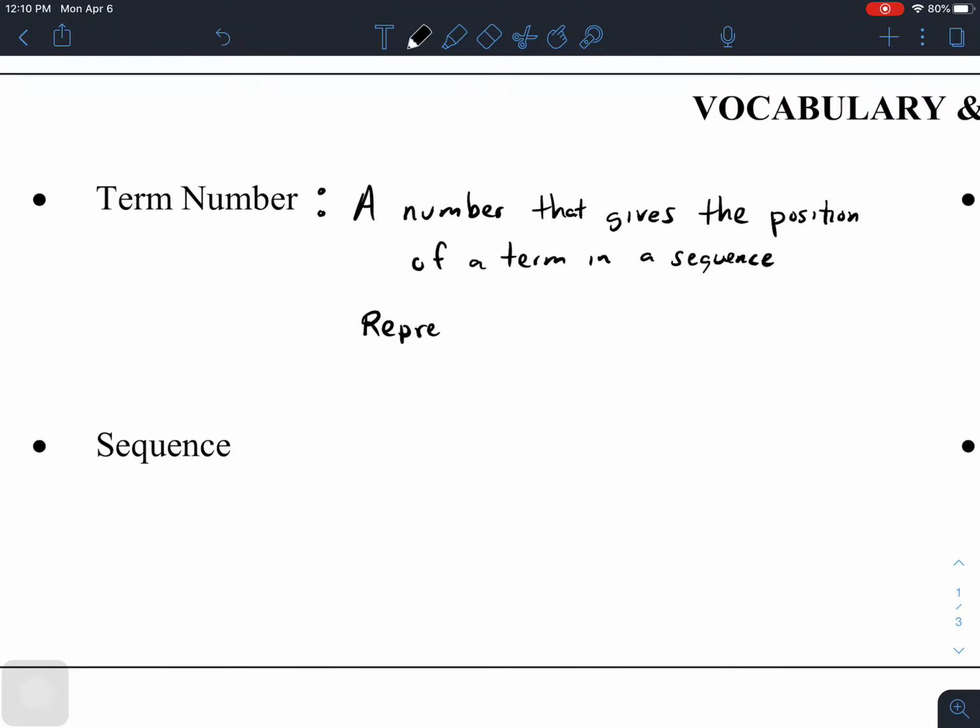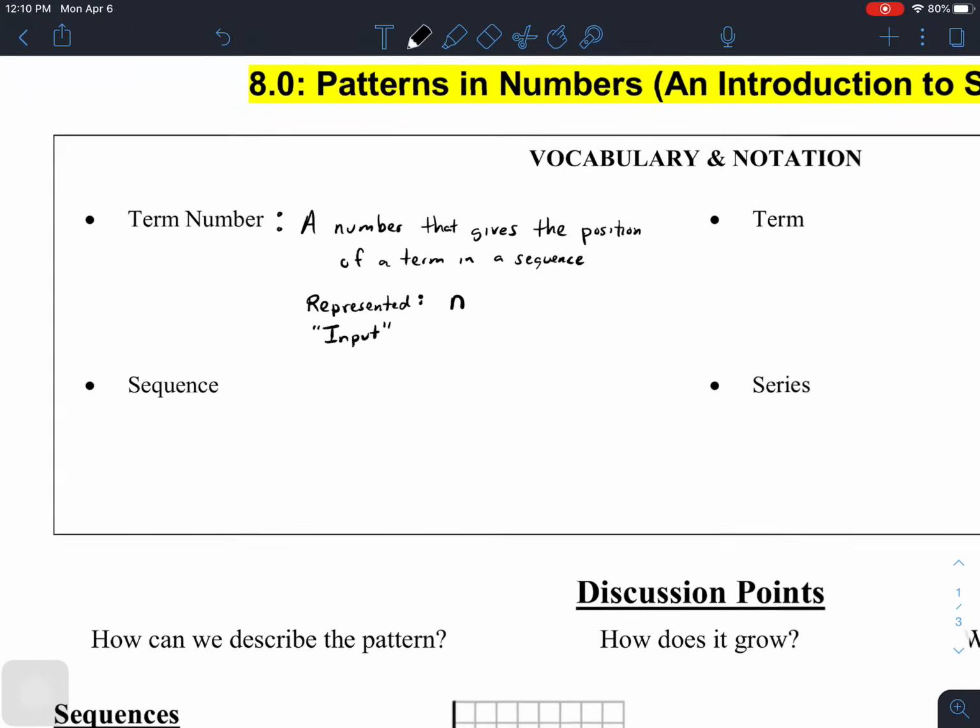And we represent it as the variable n. And we refer to it, and we'll get into this more, as the input, when we're dealing with a table or a function.